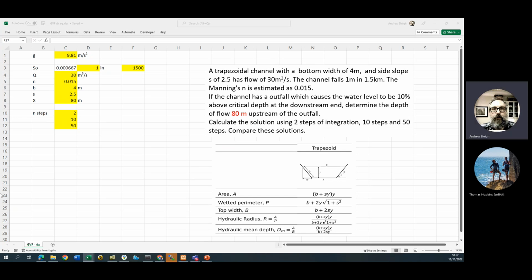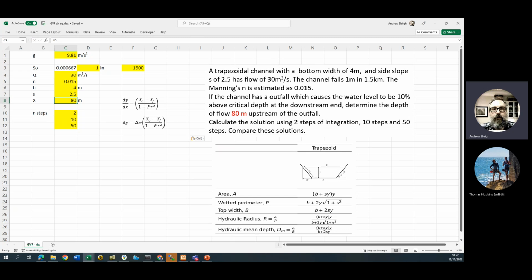I'm going to just write down the general equation for the backwater curve, the gradually varied flow, which when we write in a differential form, we want to calculate the dy in this term with a known dx. The dx is 80, total x is 80, so that's known.